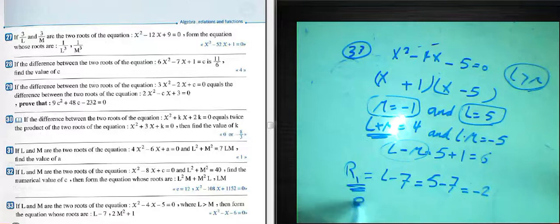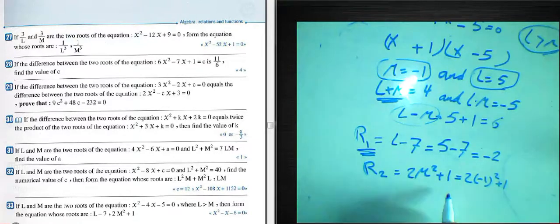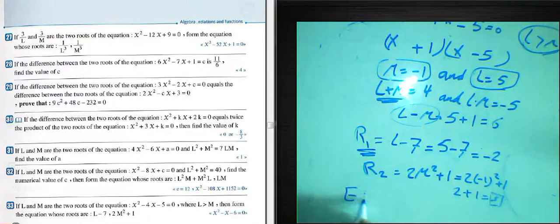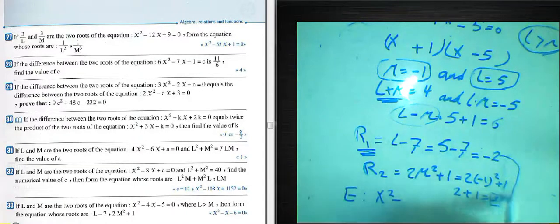This is the root 1, and the root 2 equal 2M power 2 plus 1. We know M negative 1, 2 multiply negative 1 to power 2 plus 1. Okay, 2 plus 1 equals 3. So the equation will be x power 2 subtract, product of negative 2 and 3 equal negative 6, and the sum will be 1, right?